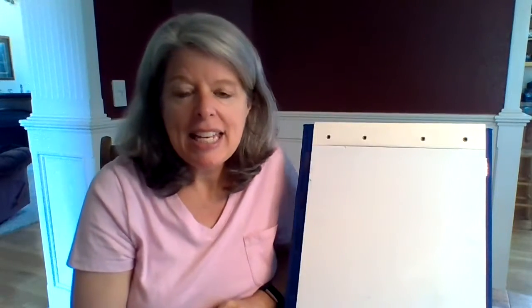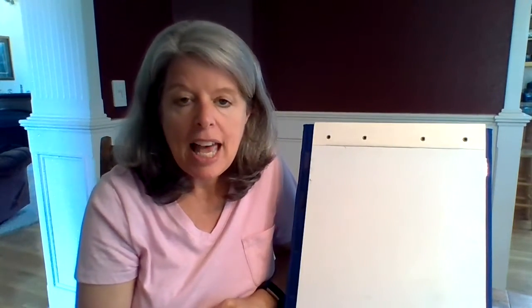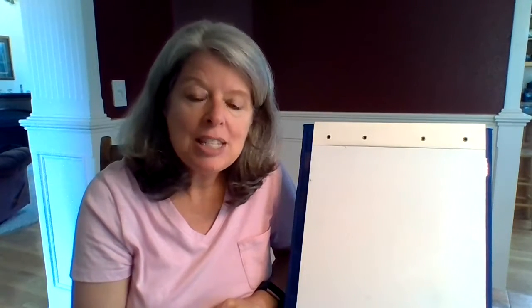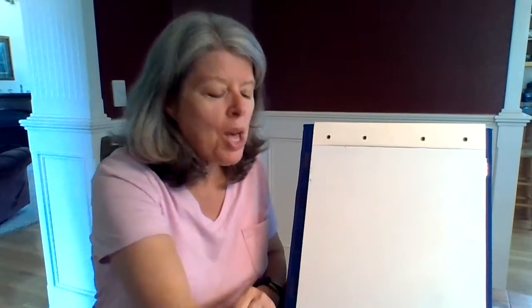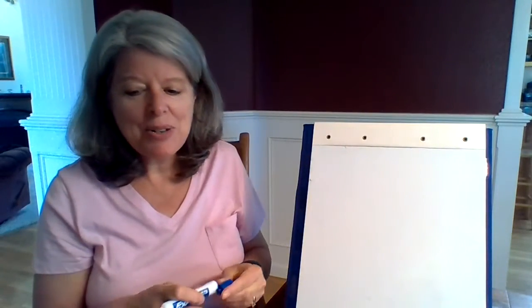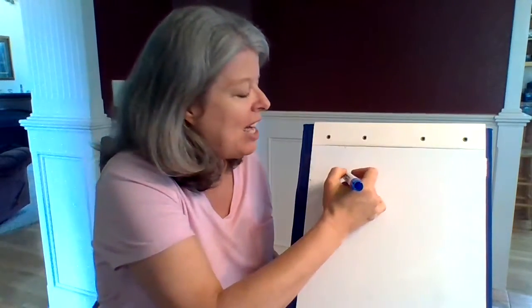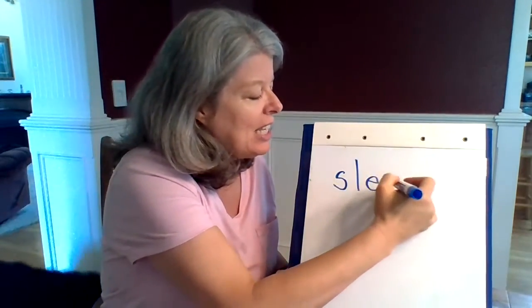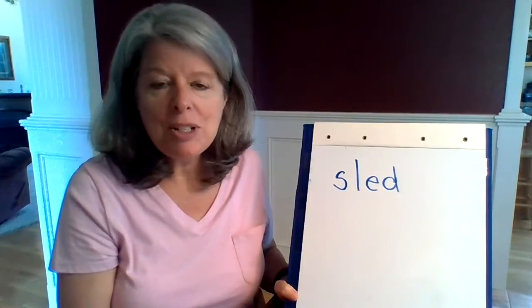Okay, we are going to spell some words together. And in this first set of words, we're going to be looking for the consonant clusters, and we're going to circle them. We'll notice the vowels, we'll underline them, and say the sound that those vowels make, and then we'll read the word. So write down these letters. S, L, E, D. All right, what do you see that we can circle?